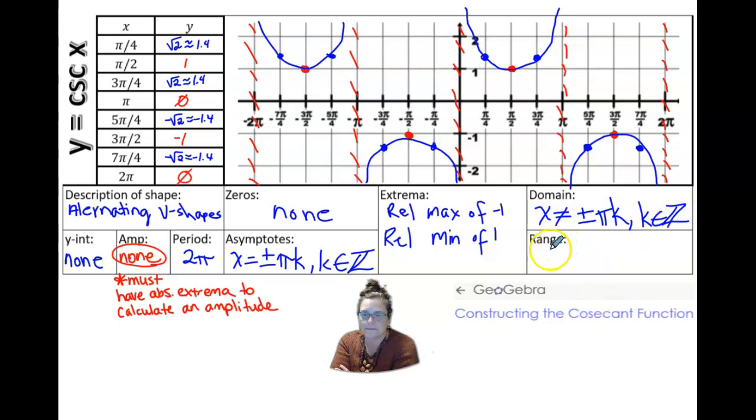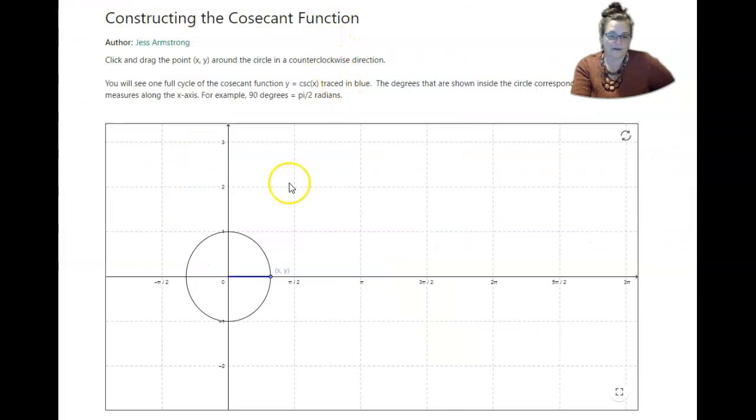And then the range is starting at -infinity, and then we go up to this relative maximum of -1, and that's inclusive, so -1 gets a bracket. Then we'll pick up on the other side of this gap at +1, which is also inclusive, and then we head up to +infinity.